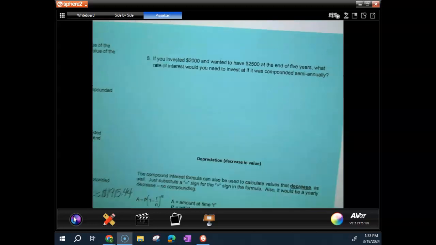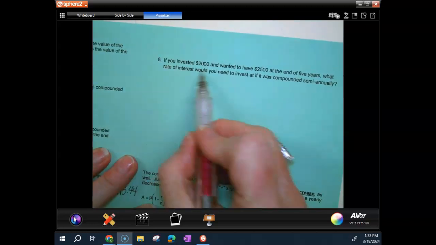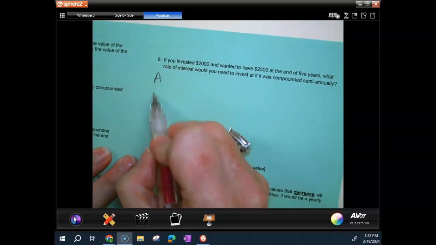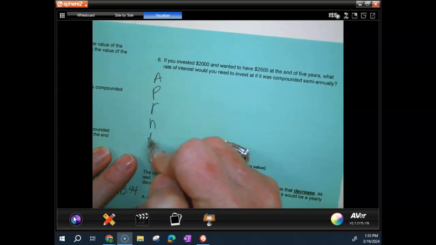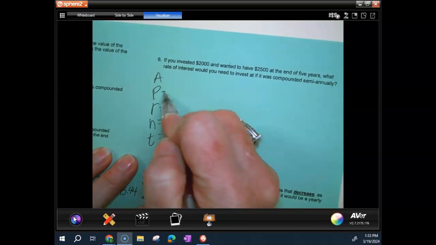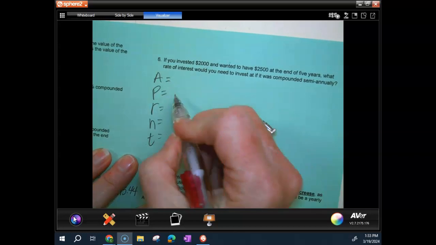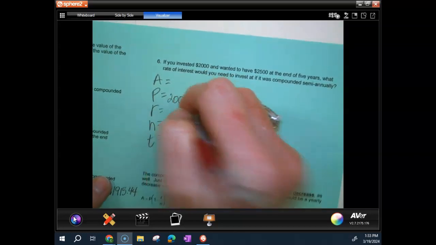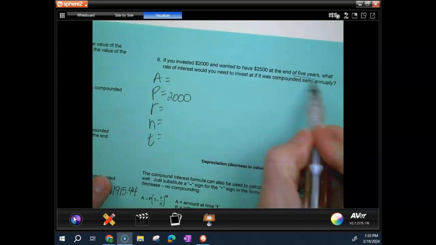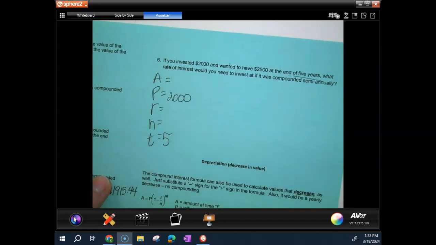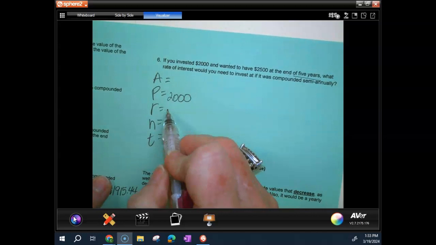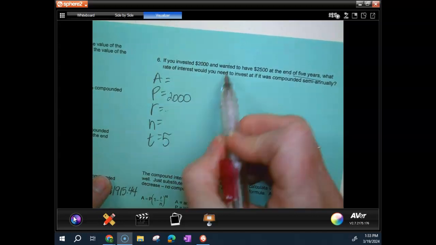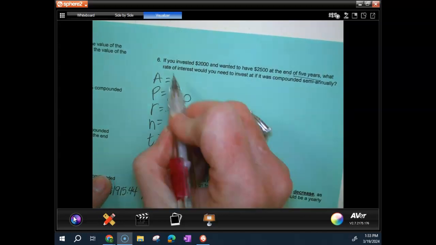Okay, number 6. If you invested $2,000, so the $2,000 is your P. At the end of 5 years is your time. What interest rate, so I don't have the R, would you need to invest?